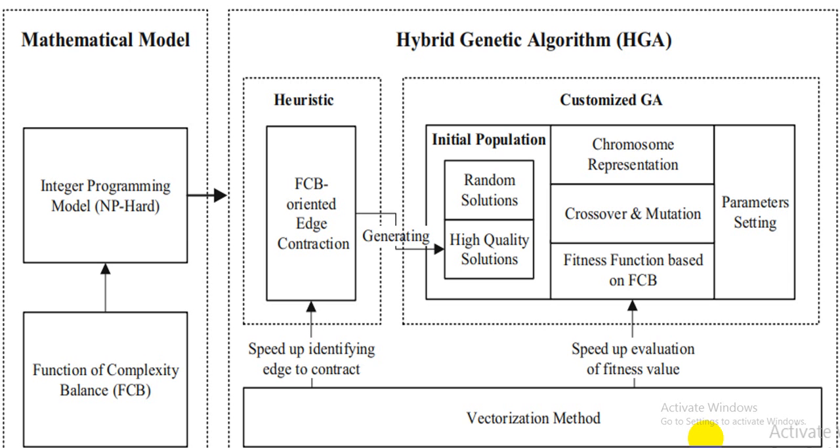The vectorization method speeds up the evaluation of this fitness value, which helps choose the parents from the initial population. After choosing the parents, crossover and mutation operations are performed, followed by chromosome representation and parameter setting.